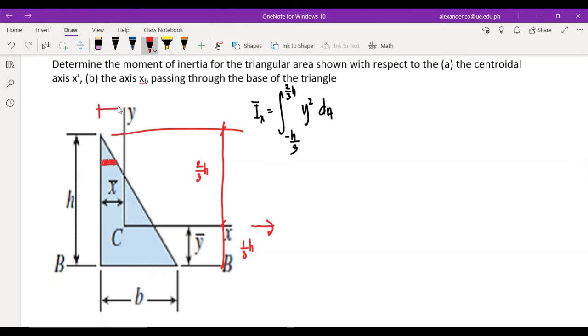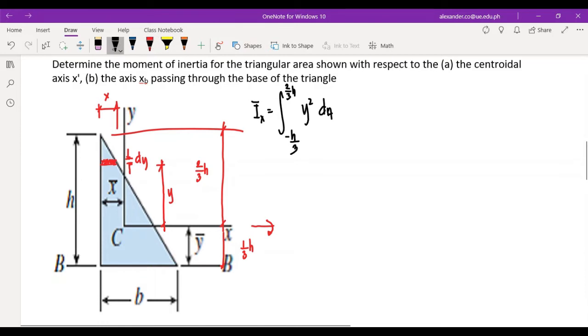Since we're trying to find inertia with respect to x, the strip should be parallel to the x. So this one will be x, and the thickness is dy. And the distance of its rotation is y.